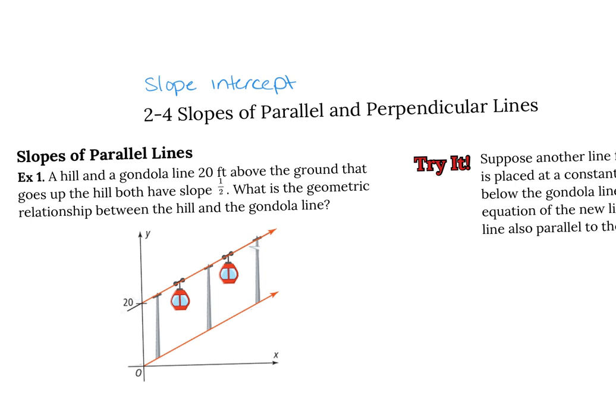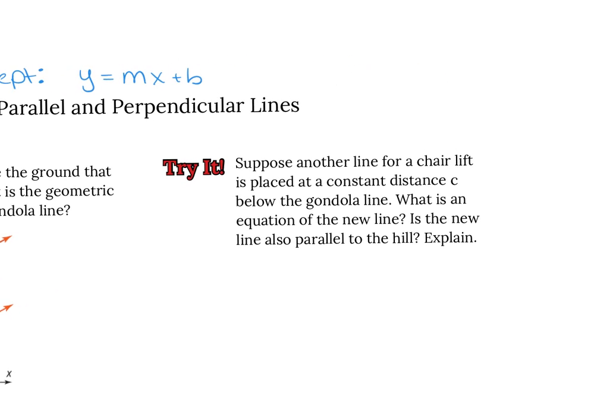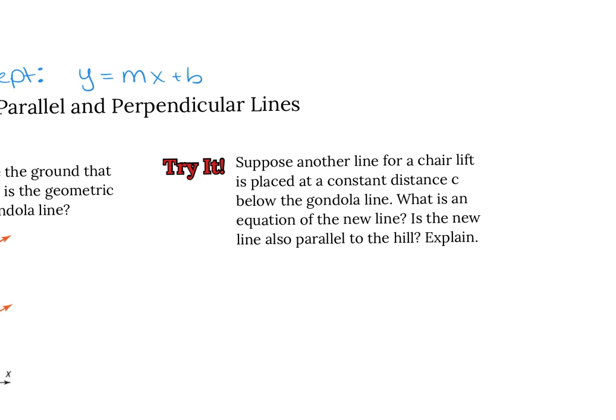That slope-intercept form is y equals mx plus b. A reminder what our m and our b are: m is the slope, b is the y-intercept.